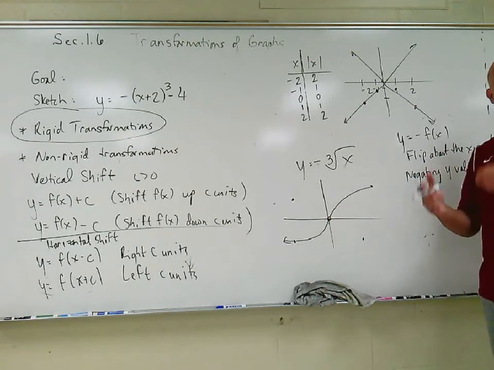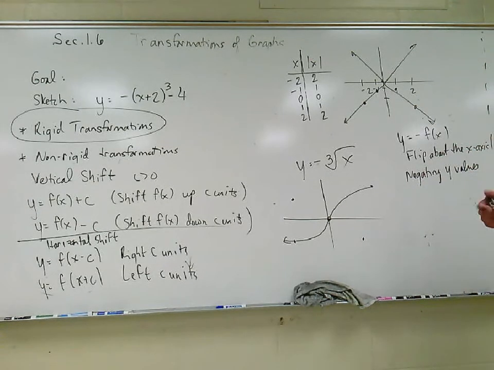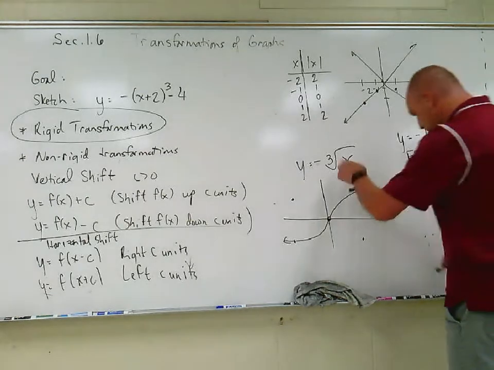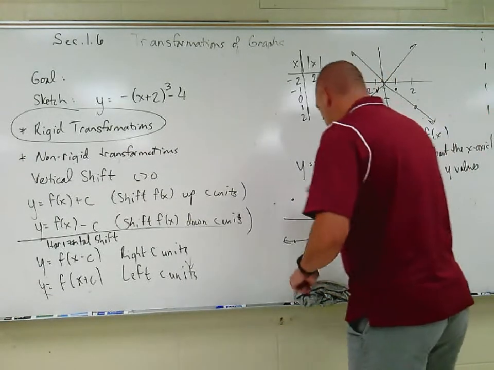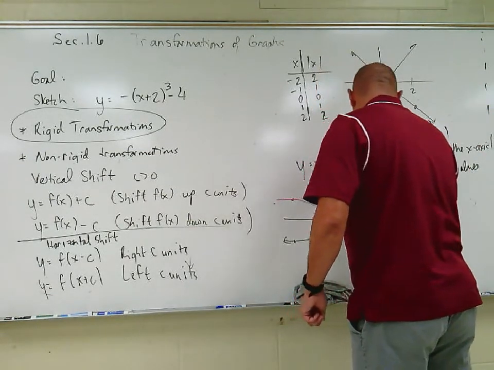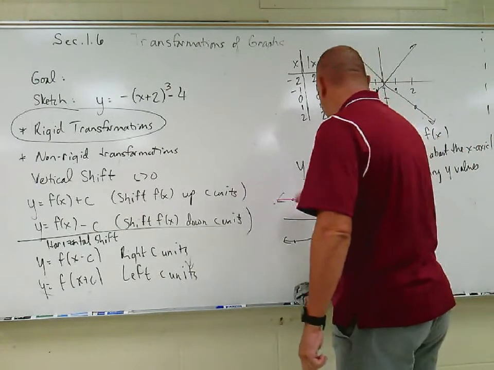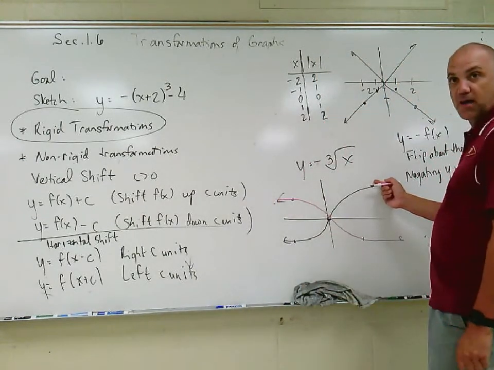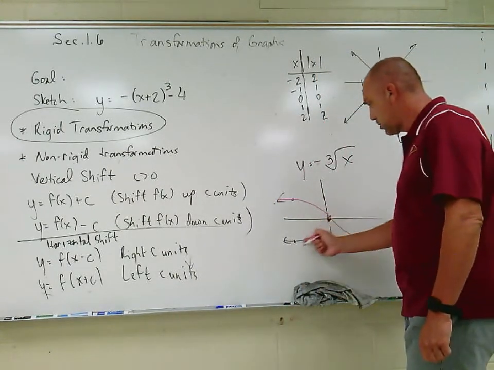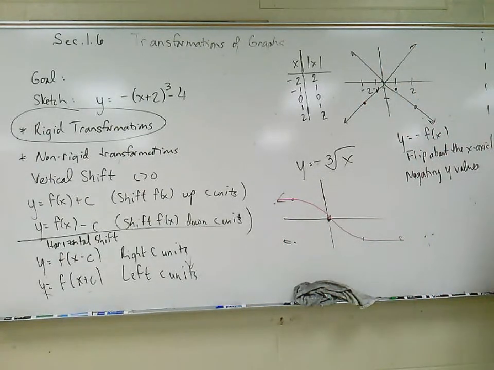So we're reflecting or flipping about the x-axis. If we want to draw this, I'm going to draw it in hot pink. It's going to go like that. And then, since I have a whiteboard, I can get rid of the basic graph. If you have paper and pencil, maybe you draw the basic graph real light and then draw your final graph dark. Okay, does that help visualize that one?